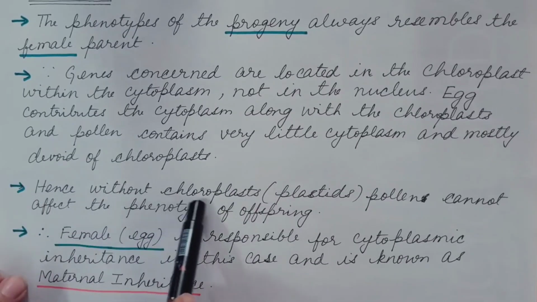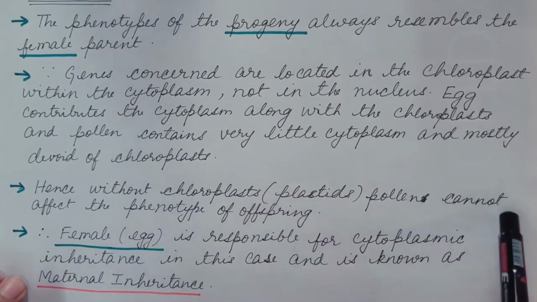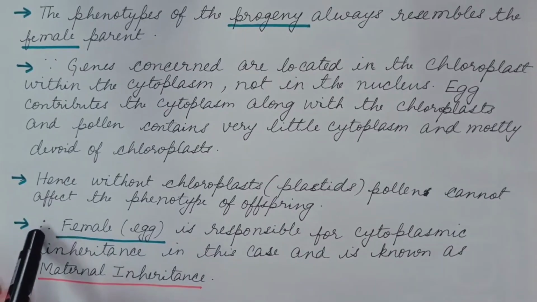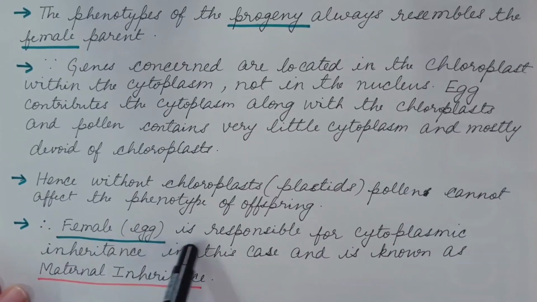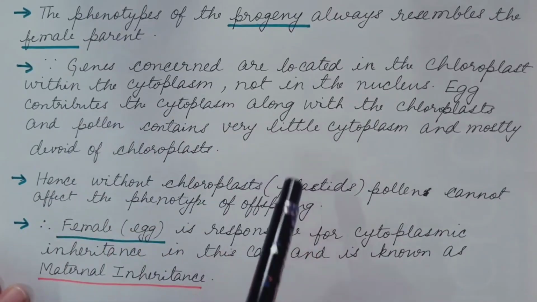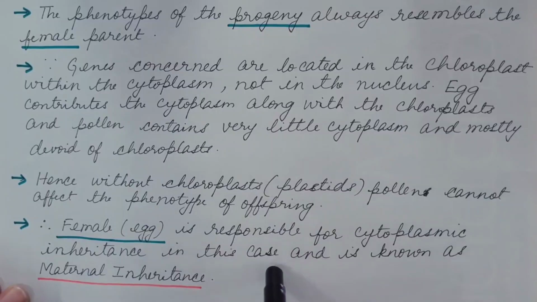Hence, without chloroplast, pollen cannot affect the phenotype of the offspring. Therefore, the female gamete or the egg is responsible for the cytoplasmic inheritance, because mostly the cytoplasm is contributed by the egg, which also contains the chloroplast, and hence in this case it is known as maternal inheritance.